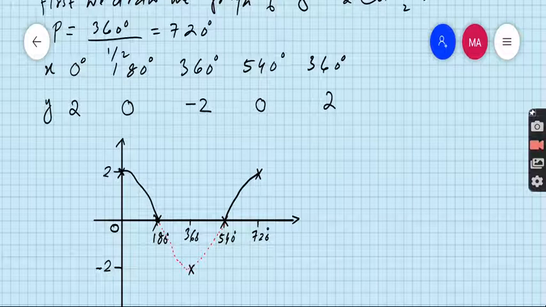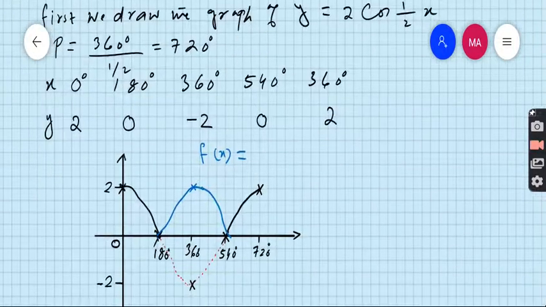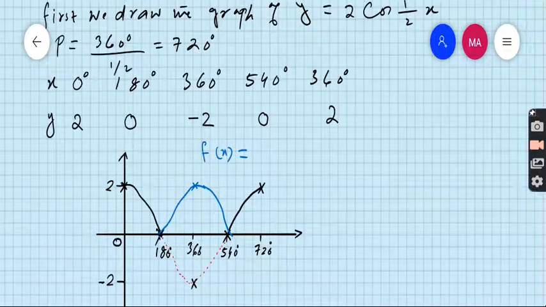And now reflect this. At 360, minus 2, it should be 2. Here we go. This is the graph of f(x) equals the absolute value of 2 cos 1 upon 2x.